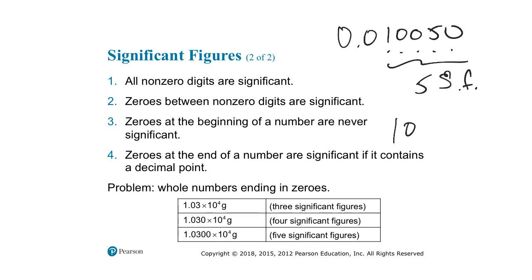And if we had 10,500, let's say, we've got 1, 2, 3 sig figs. And there are some examples here using scientific notation: 1.03 times 10 to the 4 grams is 3 sig figs. This is 4 sig figs, adding another 0 would be 5 sig figs.